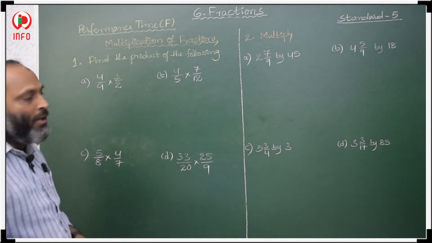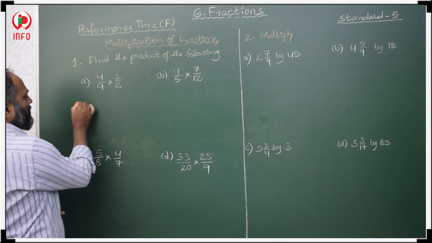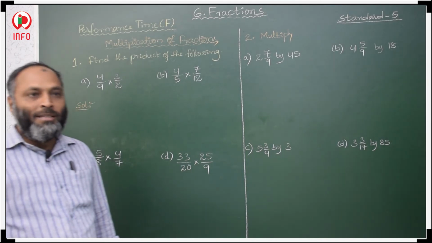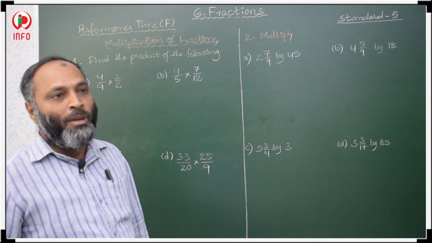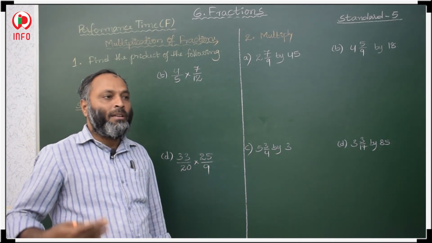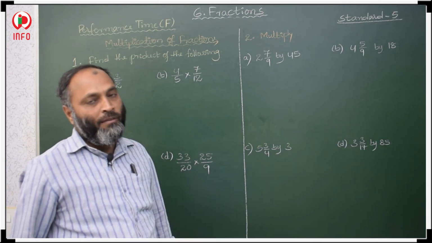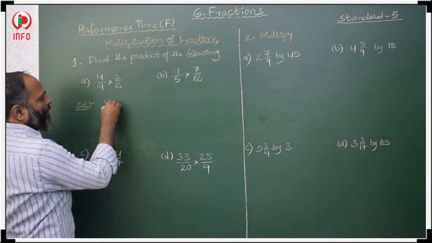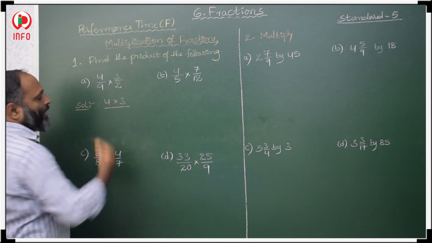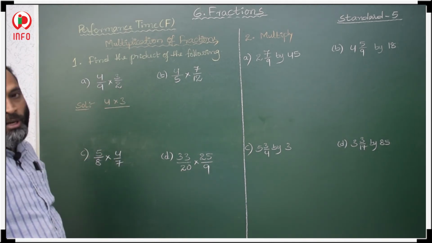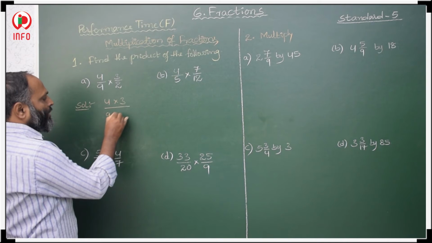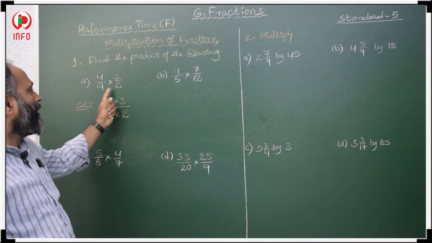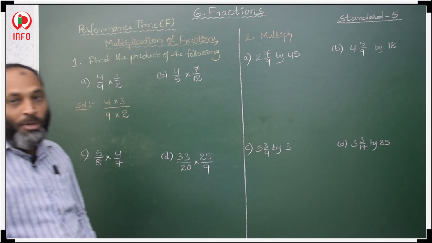In multiplication, we just multiply the numerator with the numerator and the denominator with the denominator. For example, 4 into 3 in the numerator and 9 into 2 in the denominator.